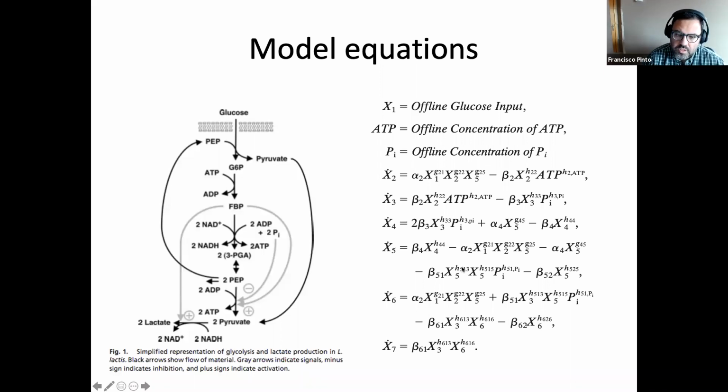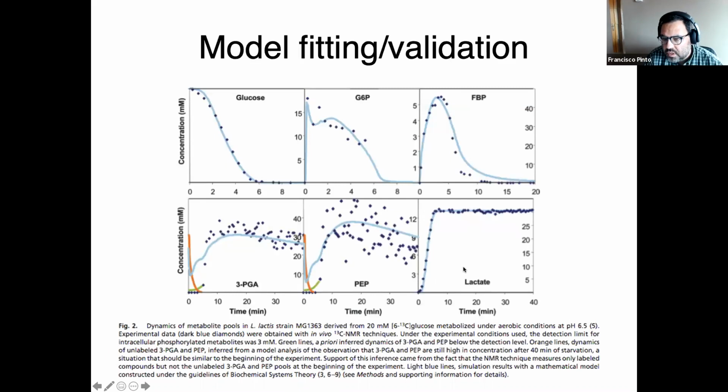So they built the model, and they had to compare the model with experimental data. First, to get parameters that would fit the experimental data, and getting the parameters is the most difficult part of these modeling efforts, because if you want to have a model that makes accurate predictions, you have to get good parameter values, and they are not so easy to find.